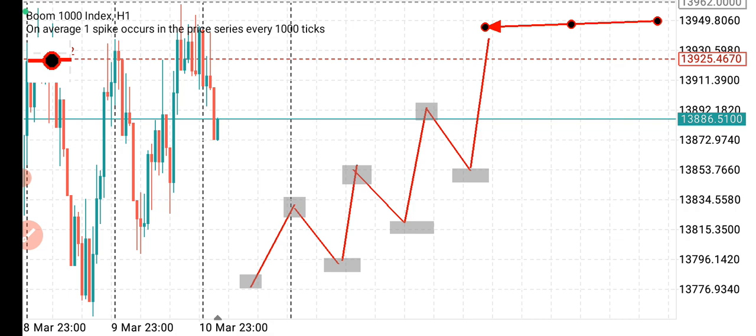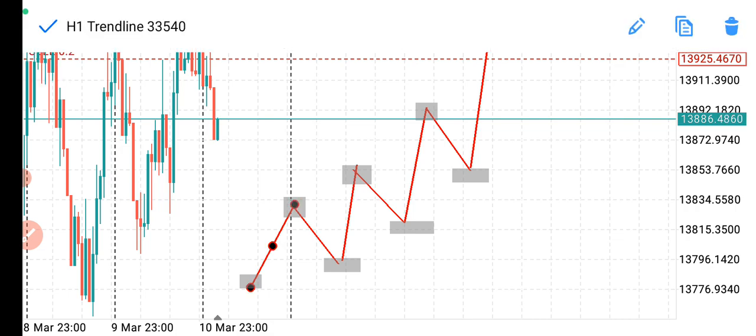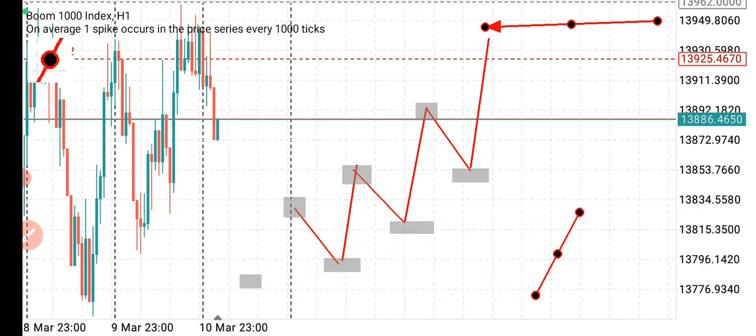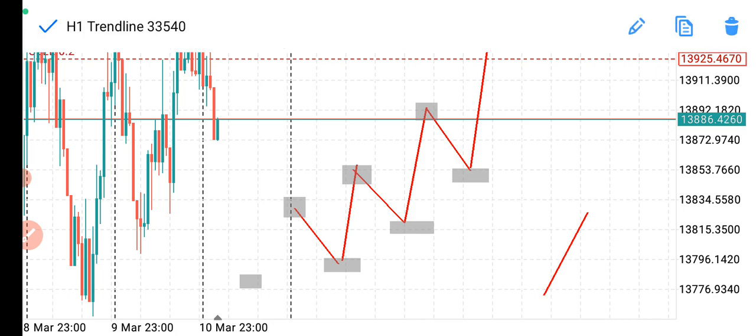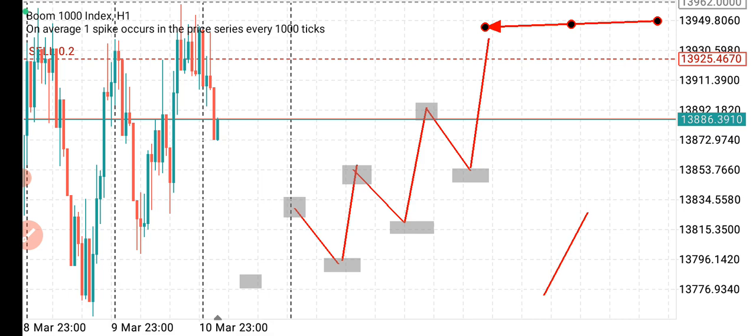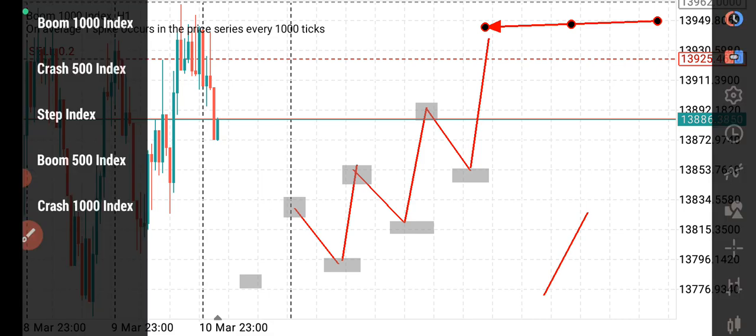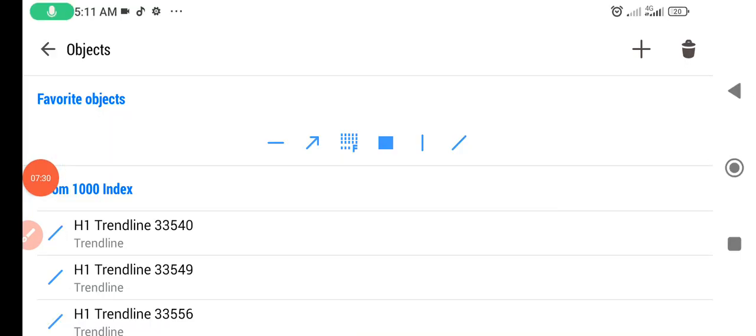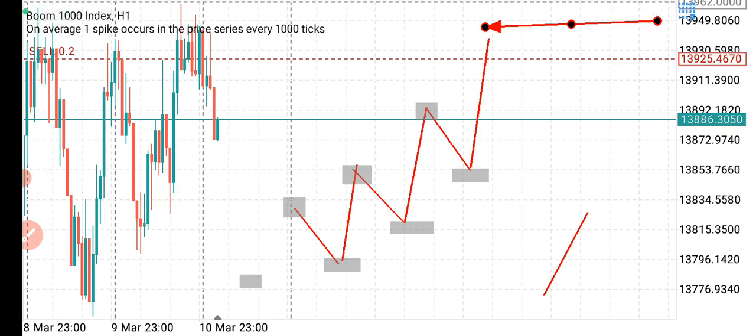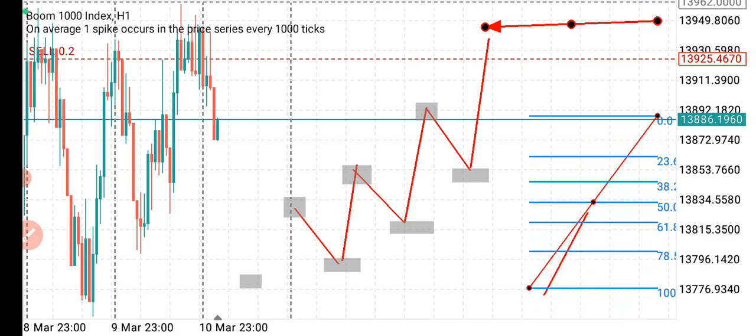So for instance now, this is the leg, right? Here is the range we want to fib, this particular candle. So what do you do? You go to your indicator tools and then pick up your Fibonacci tool. You will now draw it on your range.